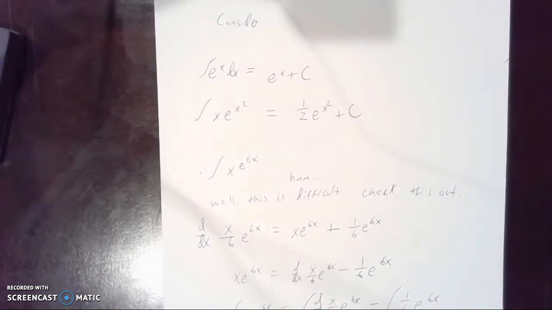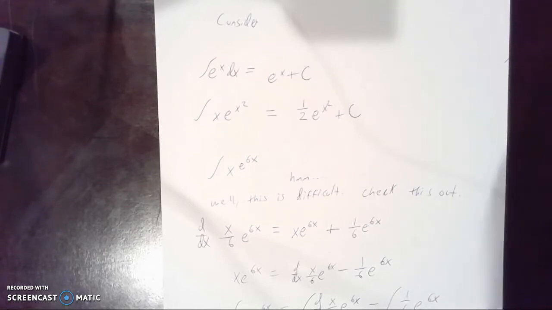This doesn't seem to have a lot to do with it, but consider the function x over 6 e to the 6x. Where did I get that? Well, if you take that function's derivative, you get x e to the 6x as one of the parts from the product rule. And then the other part of the product rule is going to give you 1 over 6 e to the 6x.